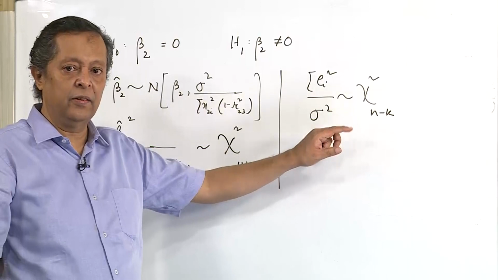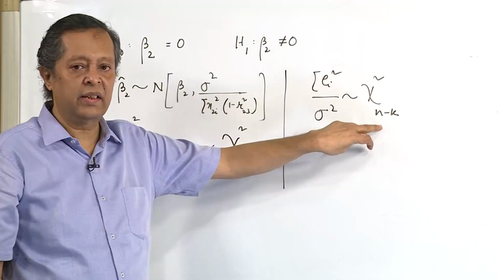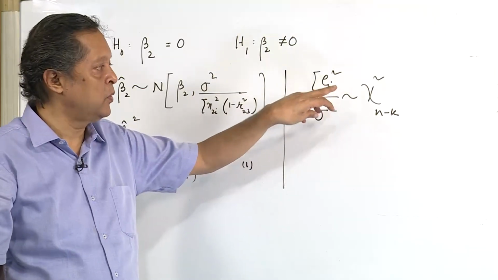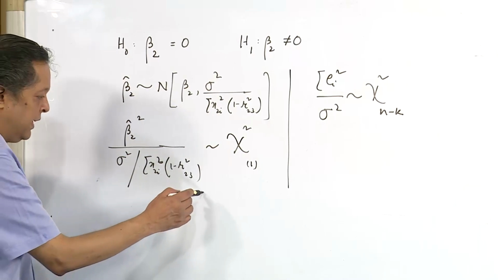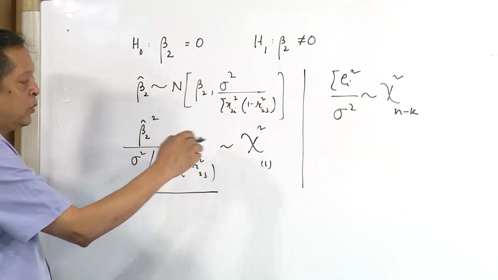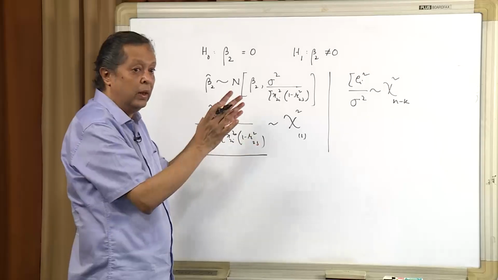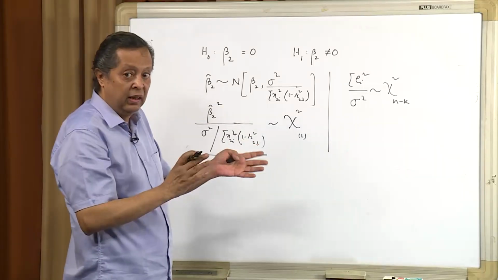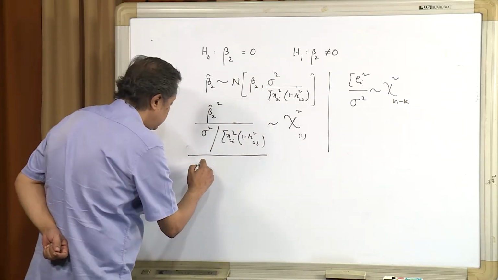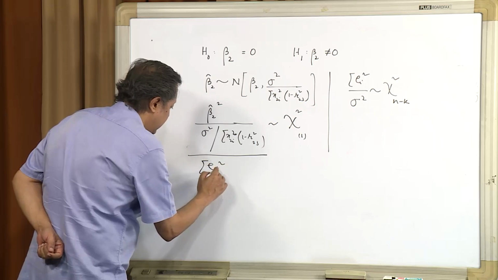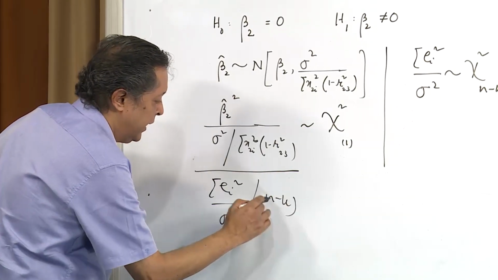Recall the analysis of variance table where RSS, the residual sum of squares, had n minus k degrees of freedom. So, if you take the ratio of this chi-square and that chi-square, which are independent because we have partitioned the sum of squares into explained and residual sum of squares and x and e are uncorrelated, then you get summation ei square by sigma square divided by n minus k.